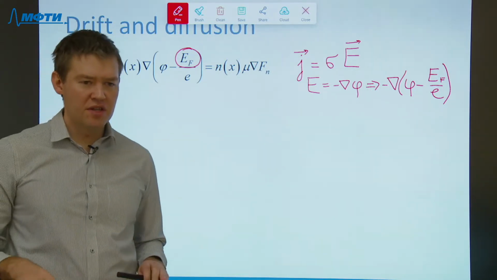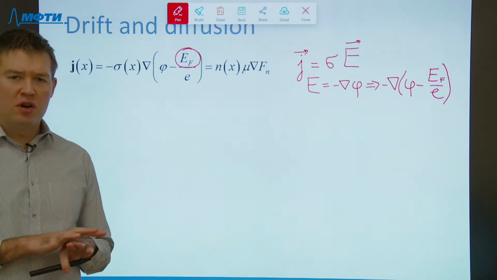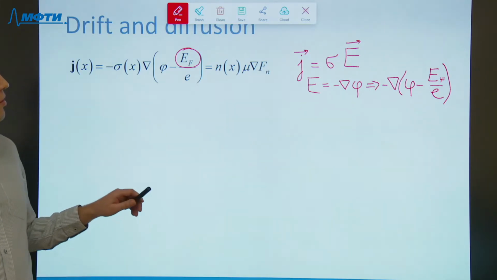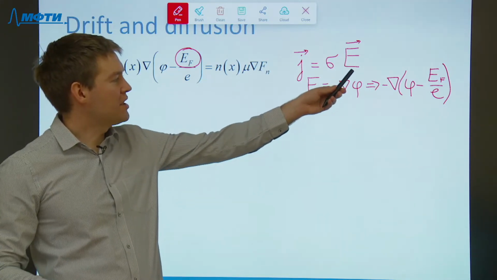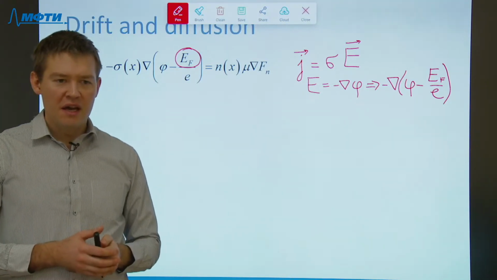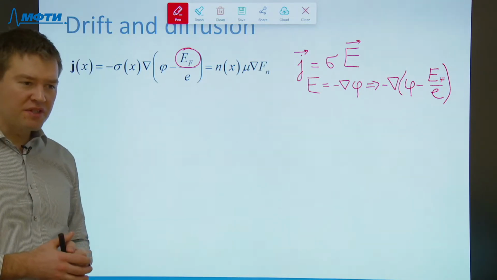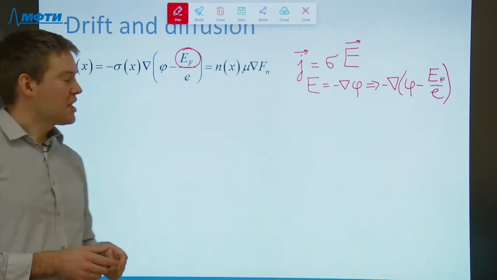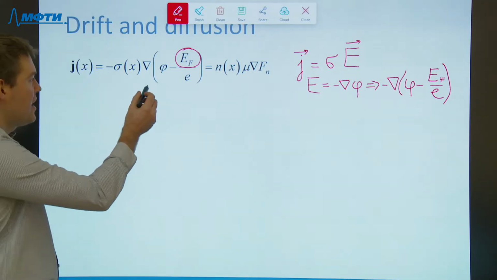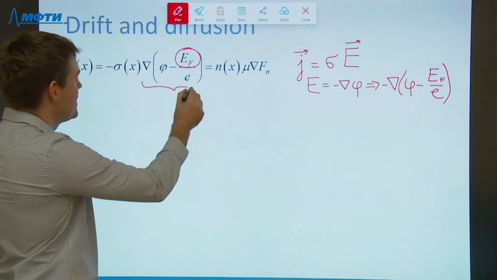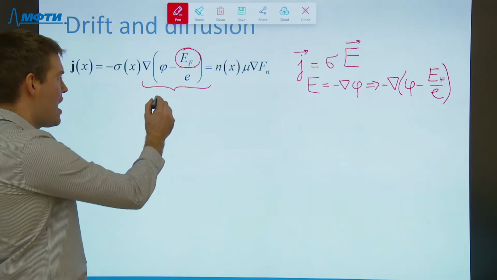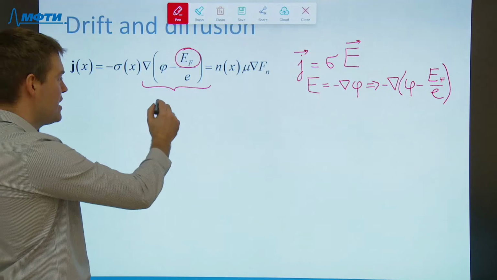Previously, we have considered the sample to be uniformly doped on the average, and there were small, quite uniform electric fields and small, quite uniform gradients of Fermi energy. The drift diffusion approximation tells us that current at each point of space x is proportional to the electric field modified with the account of diffusive current, and this electric field is taken at a given point.